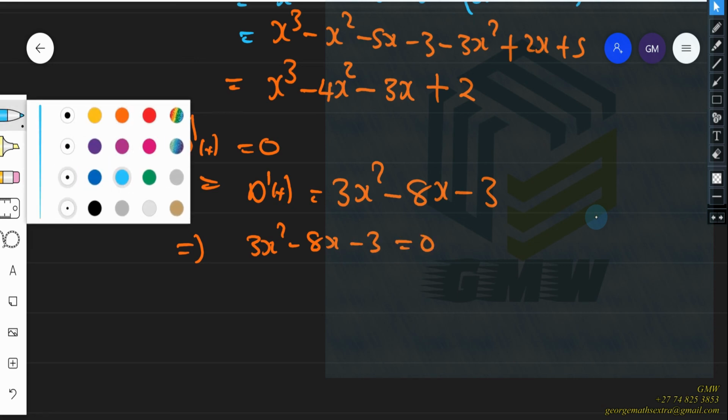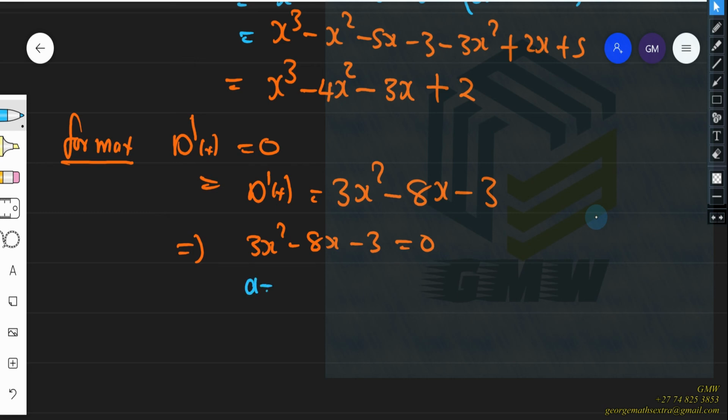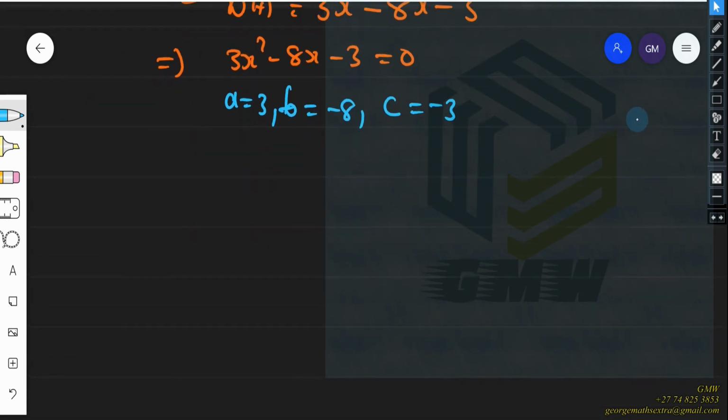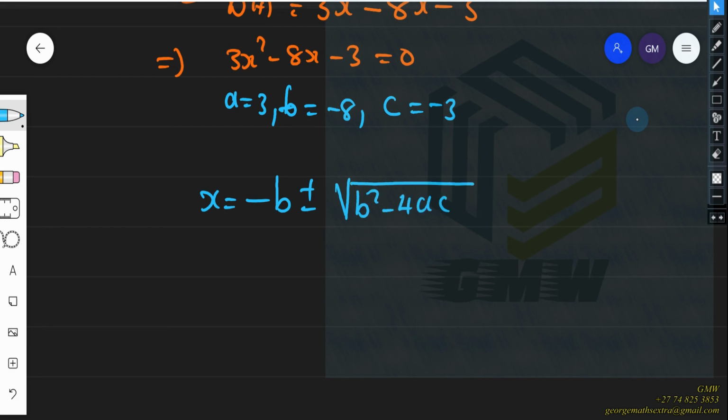We are now dealing with a quadratic equation where a is 3, b is minus 8, and c is minus 3. So at this point, we can go to the quadratic formula, which says minus b plus or minus the square root of b squared minus 4ac, everything over 2a.